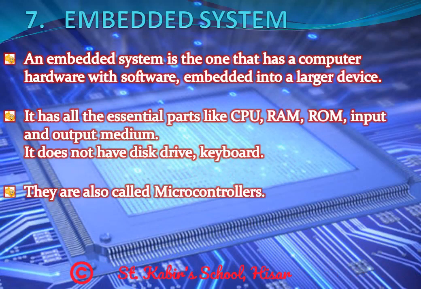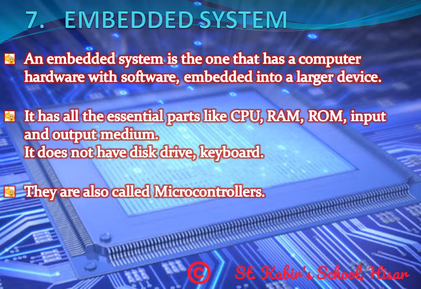Yes, the example of an embedded system which you are using to wash your clothes is a washing machine. So washing machine is a type of microcomputer. Again we use it for our personal use, but you don't know that it is a computer because it does not look like a computer, but it is a computer.